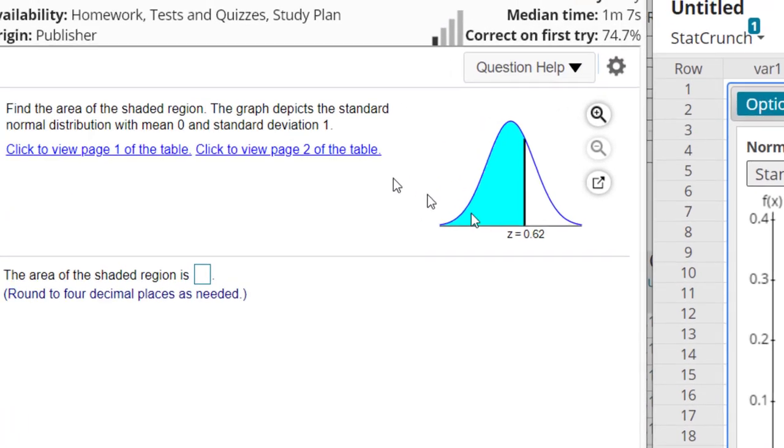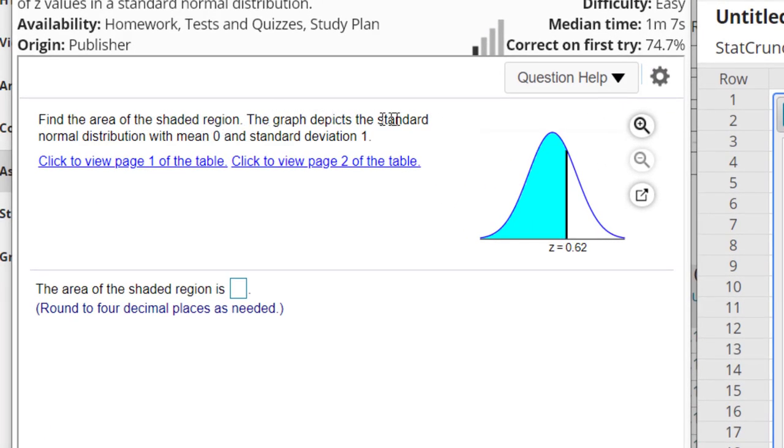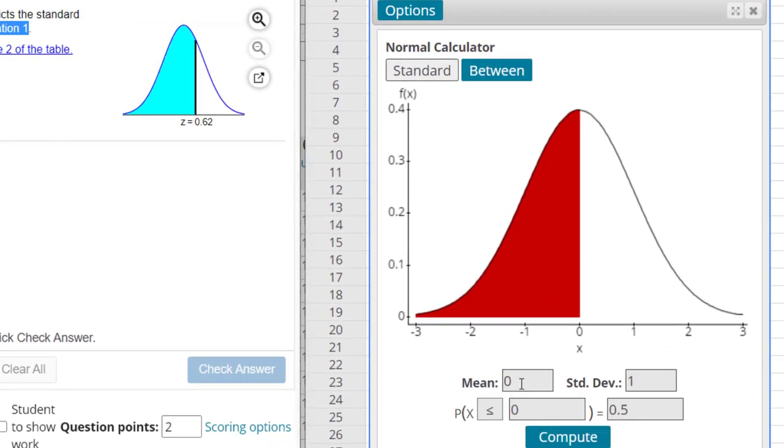This one wants us to find the shaded area, and it says the graph depicts a normal distribution with a mean of 0 and a standard deviation of 1. So the first thing we want to do is make sure we change our mean and our standard deviation on our normal calculator. As you can see, it's already 0 and 1 by default, so we really don't have to change anything as far as that goes.